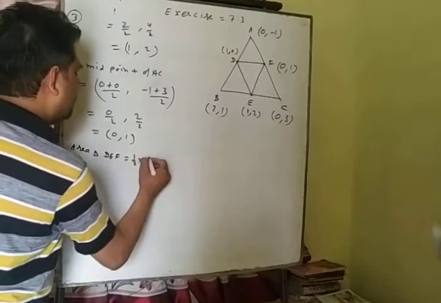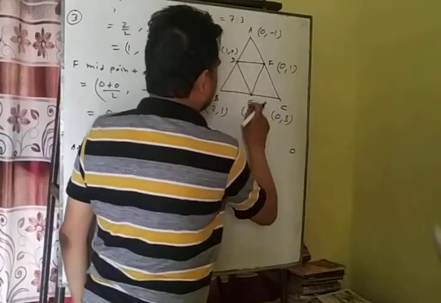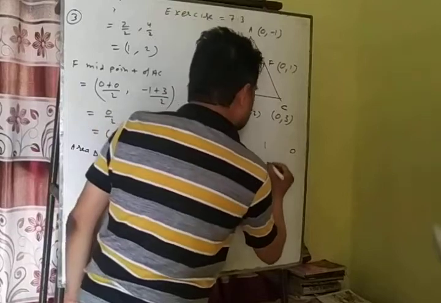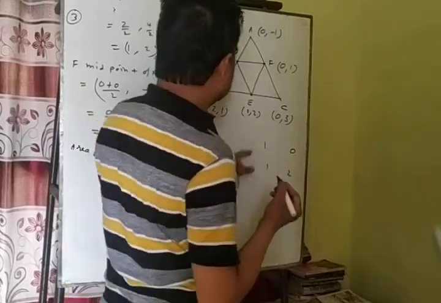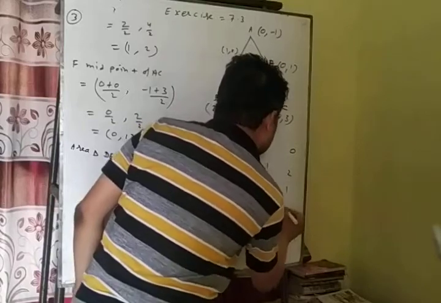Area of triangle DEF: one upon 2 into 1 0, second one 1 2, third one 0 1, fourth one again 1 0.